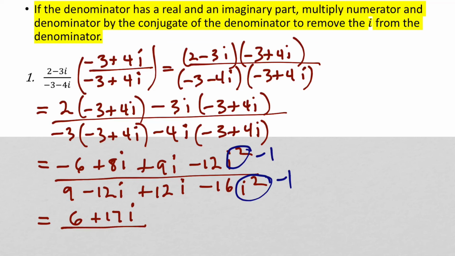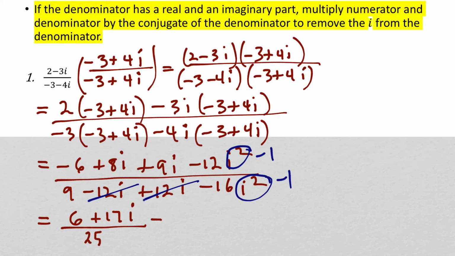All right, that's my numerator. Now on the bottom, combine my reals. Well, wait a minute, let's cross out the two middle terms first, negative 12i plus 12i, and then combine my reals. I've got 9, this would be plus 16. 9 plus 16 is 25.